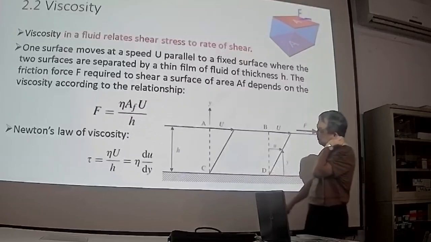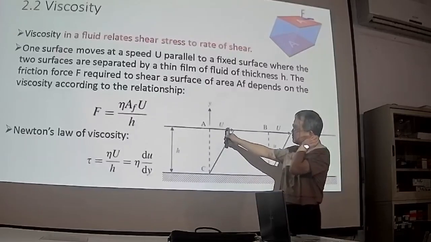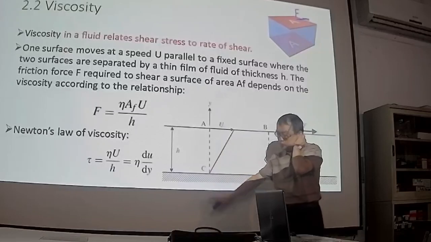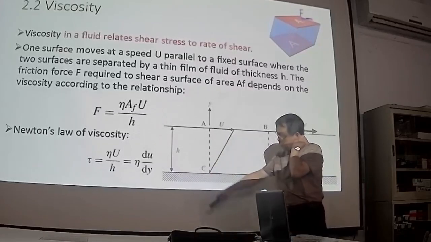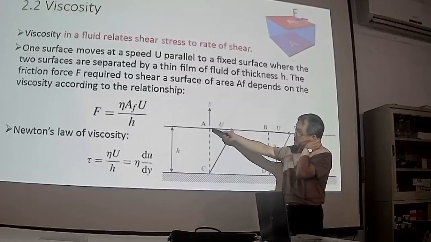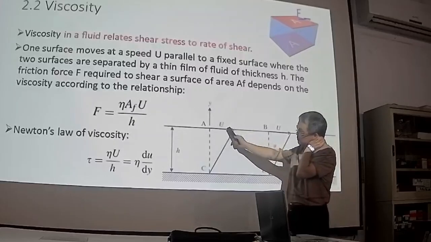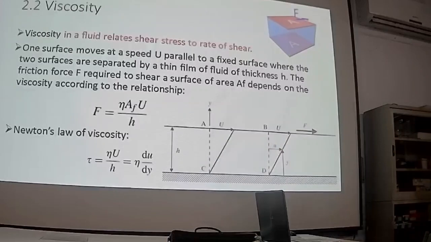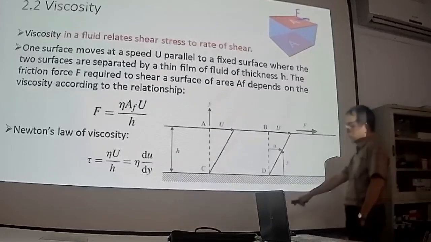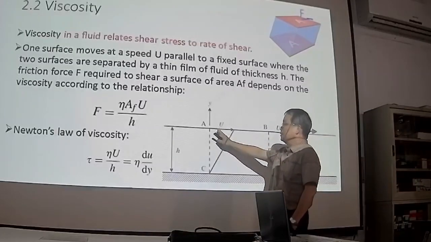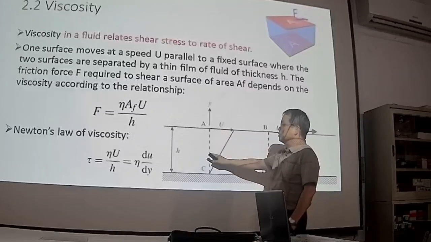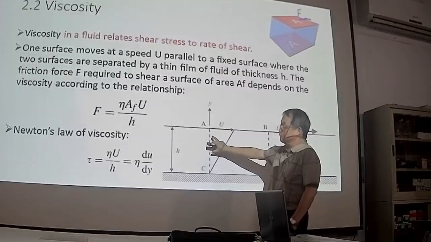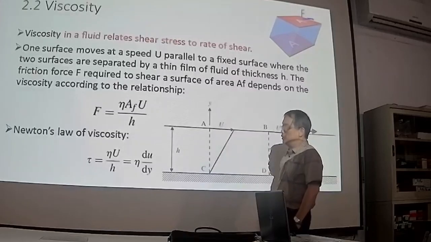And this is the film thickness of the lubricant, H. On the top, the velocity is u, the moving velocity of the lubricant. On the bottom it is zero. So here is the velocity distribution across the film thickness of the lubricant.